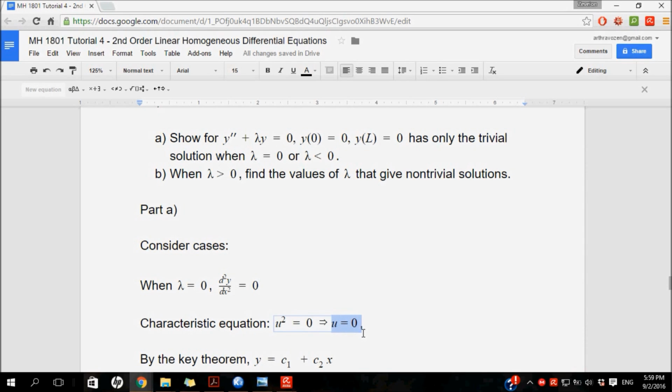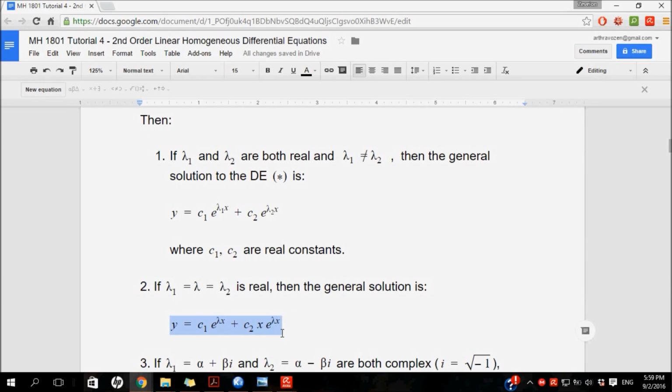We only have a single real root. Using the key theorem, both these exponentials disappear. They are 1. E to the 0 is 1 in both terms.